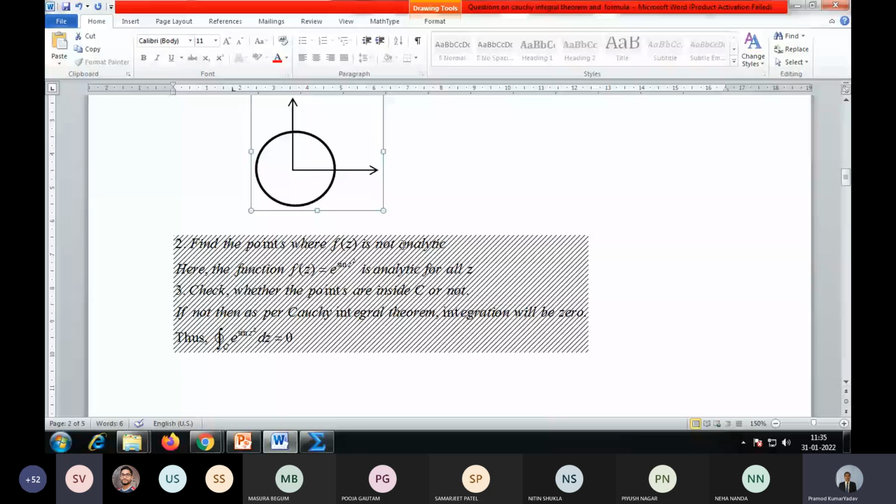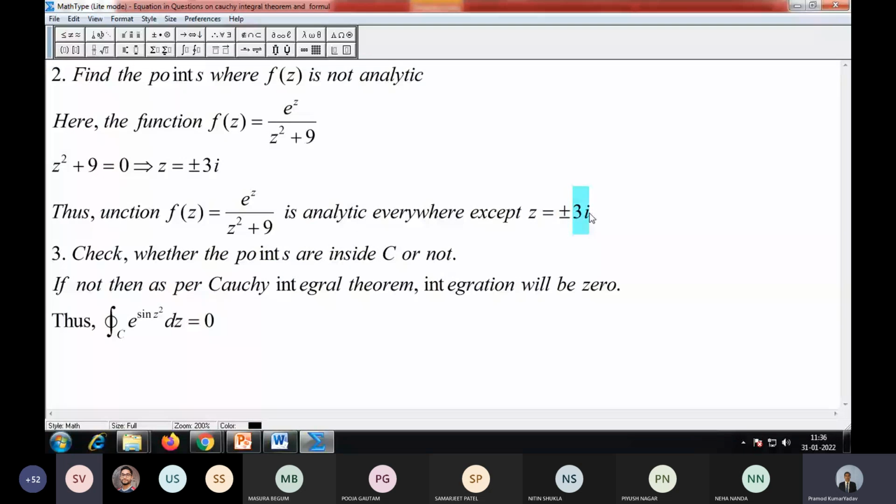We need to check whether the points 3i and minus 3i are inside C or not. So we find the distance of the point from the center of the circle. If this distance is greater than the radius, then it is outside of the circle, and if it is less than the radius, then it is inside the circle.